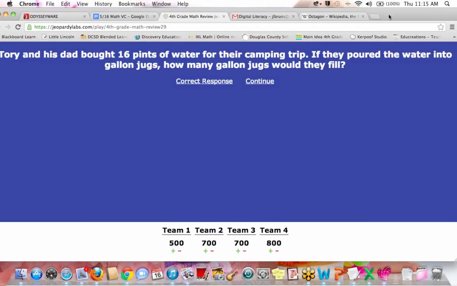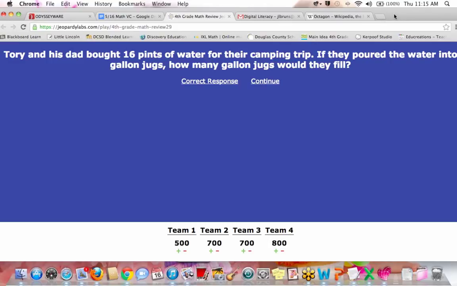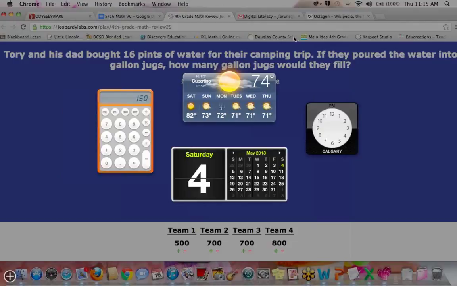Tori and his dad bought 16 pints of water for their camping trip. If they poured the water into gallon jugs, how many gallon jugs would they fill? How many pints are in a gallon? Let's see. 8. 8 pints in a gallon.